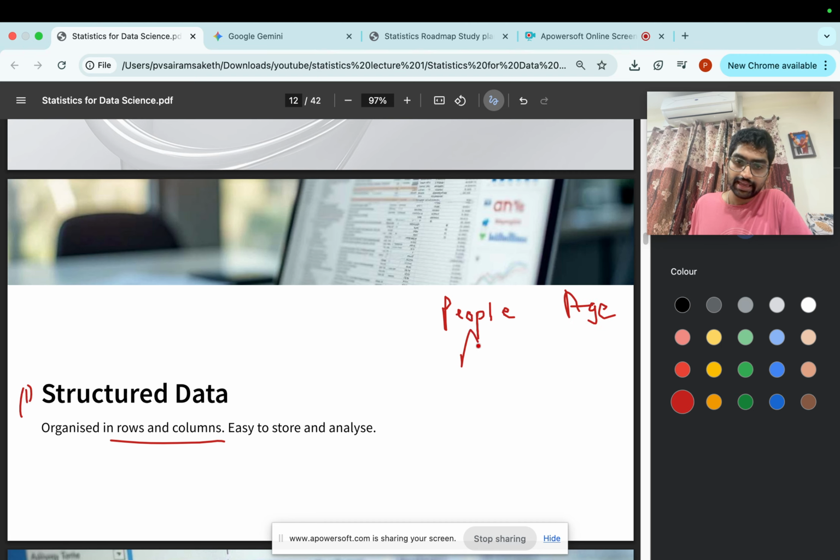Here I'll write A, B, C, and D. Okay. Age, let's say I'm writing 19, 20, 21, 22.